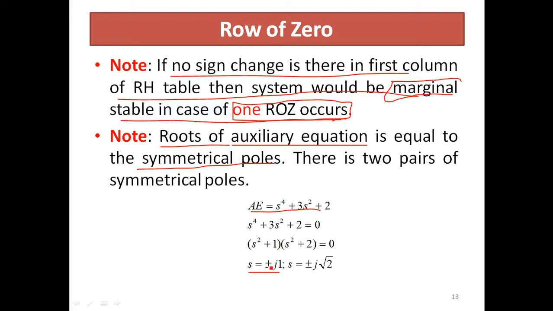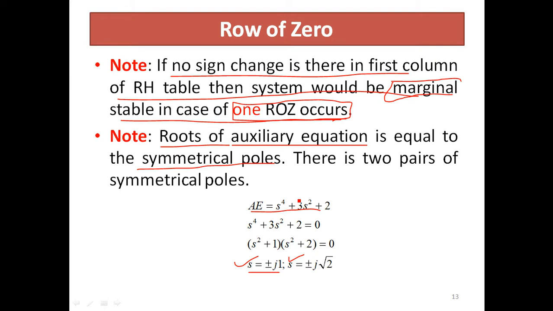That is, symmetrical poles to origin means the distance of both of the roots would be the same from the origin. And according to the evaluated values, these are lying on the j omega axis, that is the imaginary axis of the S-plane. We have previously defined that if your roots are lying on the imaginary axis, the system would be marginally stable.